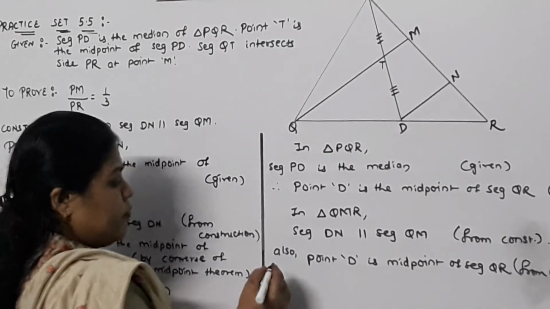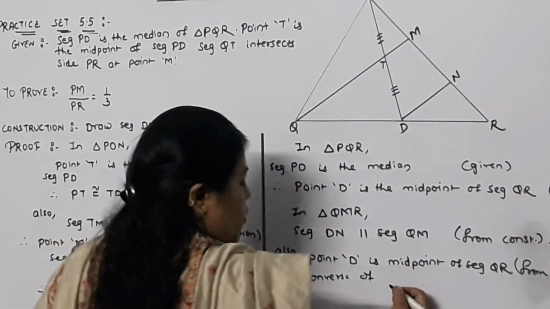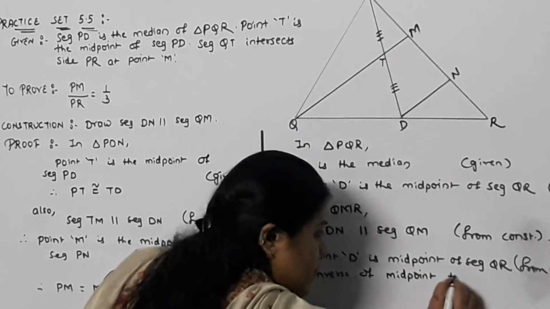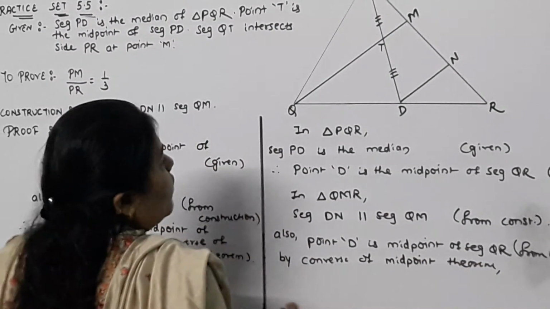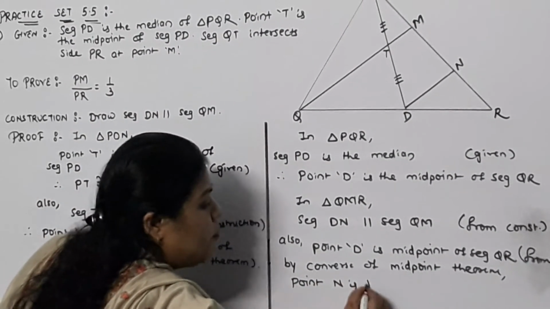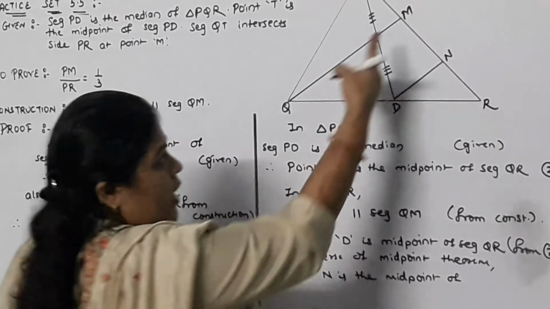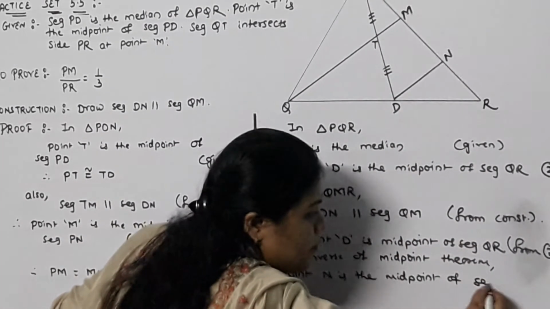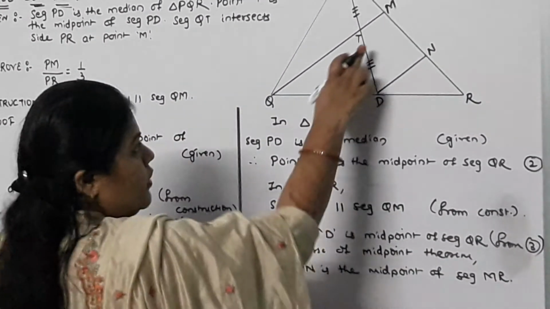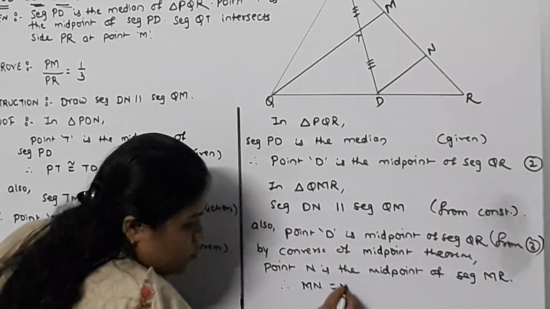So by converse of midpoint theorem, again, point N is the midpoint of seg MR. Therefore, MN equals NR.